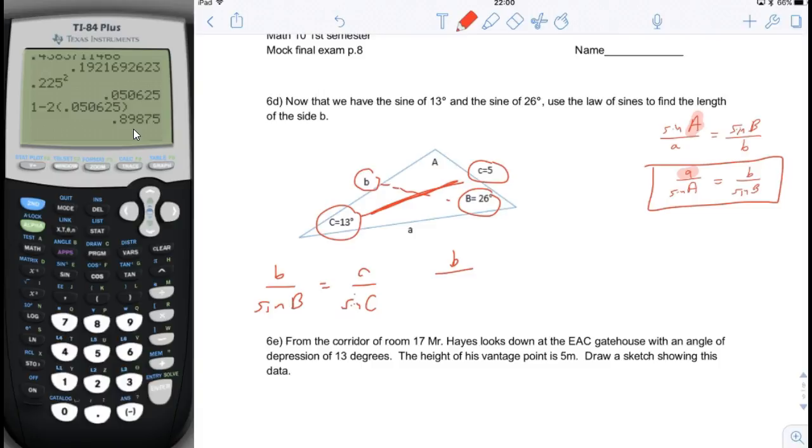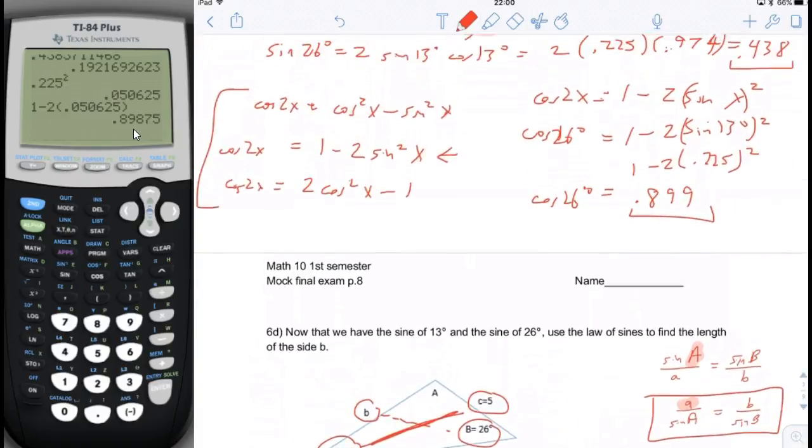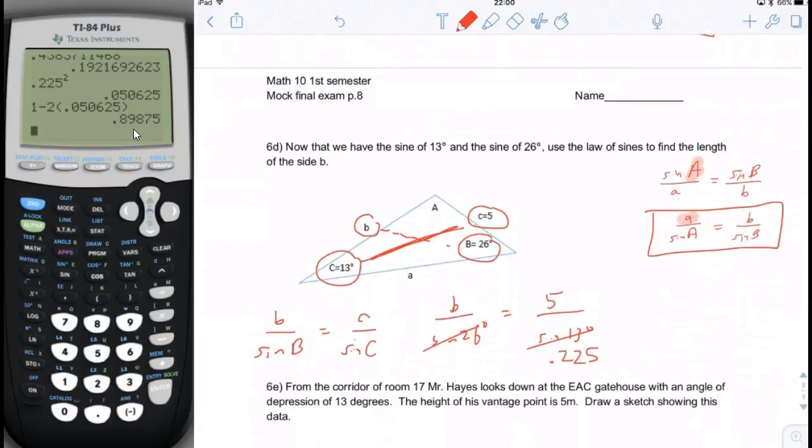Sine of big B is going to be sine of 26 degrees. Small c is 5. And big C is 13 degrees, so it will be sine of 13 degrees. And we know the sine of 13 degrees is 0.225, so we're going to substitute it in. We know the sine of 26 degrees is 0.438.